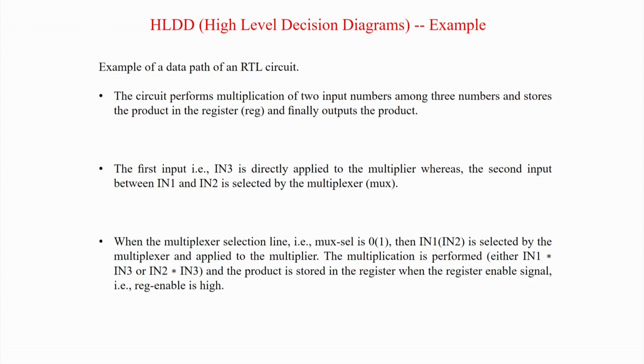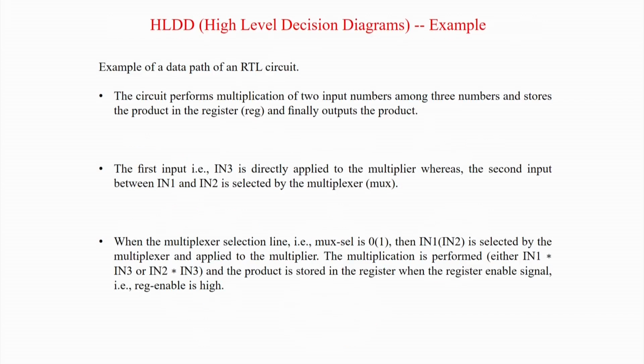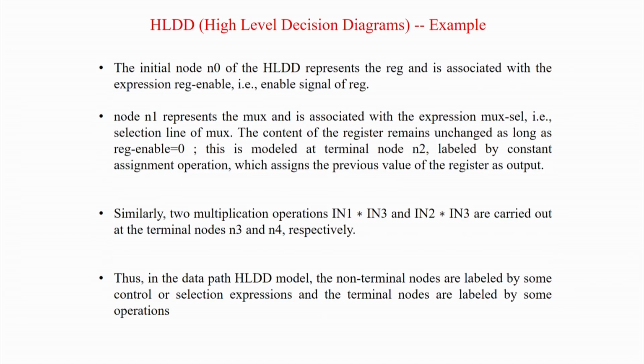Okay, so this slide is nothing but whatever I have told you in English, written out: how this BDD has been constructed. The first input is n, there is always a multiplexing in between, then there is the register enable signal, and how the BDD is constructed is explained in these two slides.